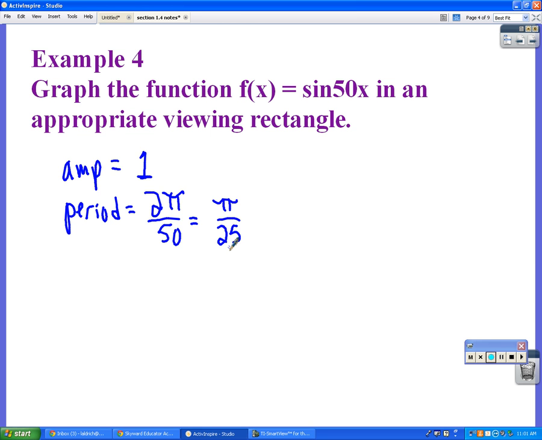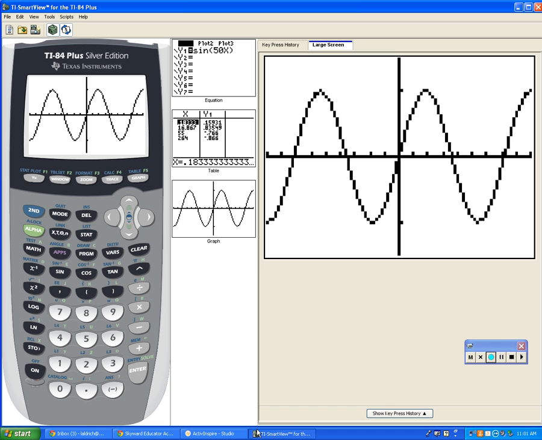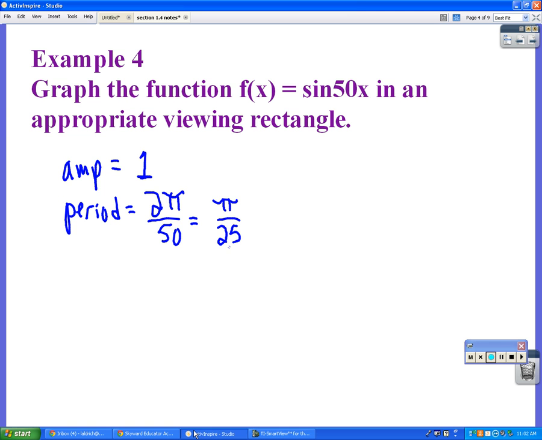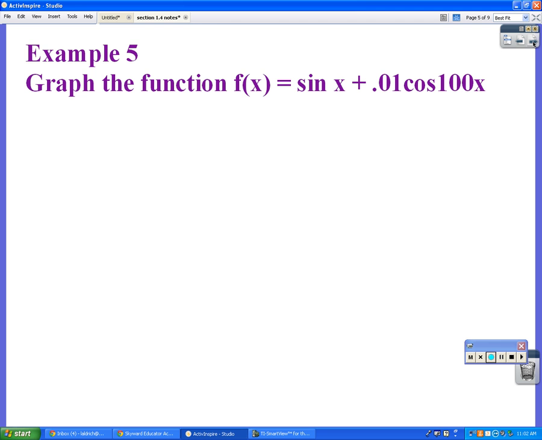That's why you're getting all of those things in there, because there should be a lot of ups and downs, a lot of complete cycles of the graph. So you have to be a little bit careful with that, especially with trig functions. They do weird things.